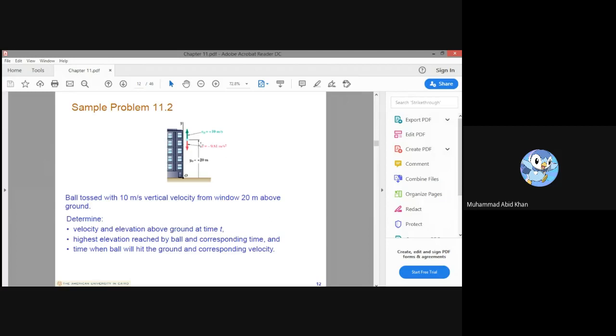This velocity is given to you here, positive in this direction. Determine velocity and elevation above ground at time t, the highest elevation reached by the ball and corresponding time, and the time when the ball will hit the ground and corresponding velocity. We need to calculate these according to this question.